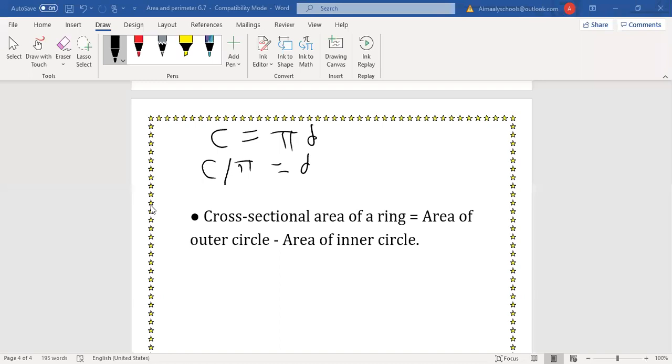Yes, Mustafa. It will be the area of the rectangle minus the sum of the area of each circle. Minus the sum of the areas of 4 circles. That's right.